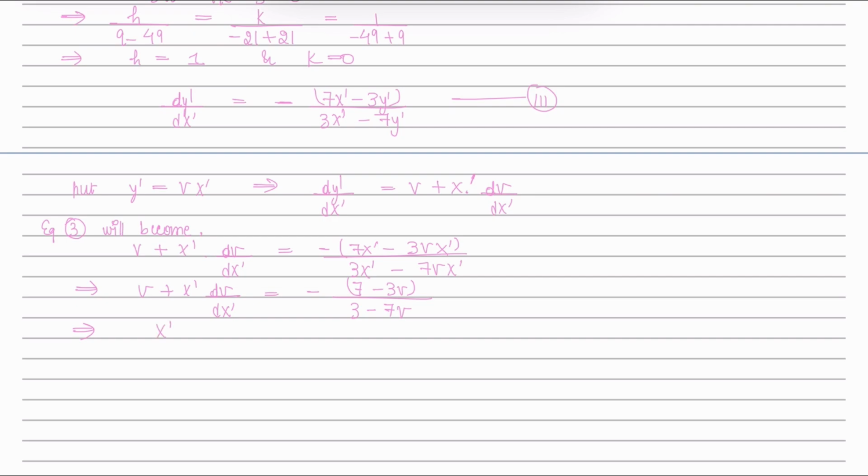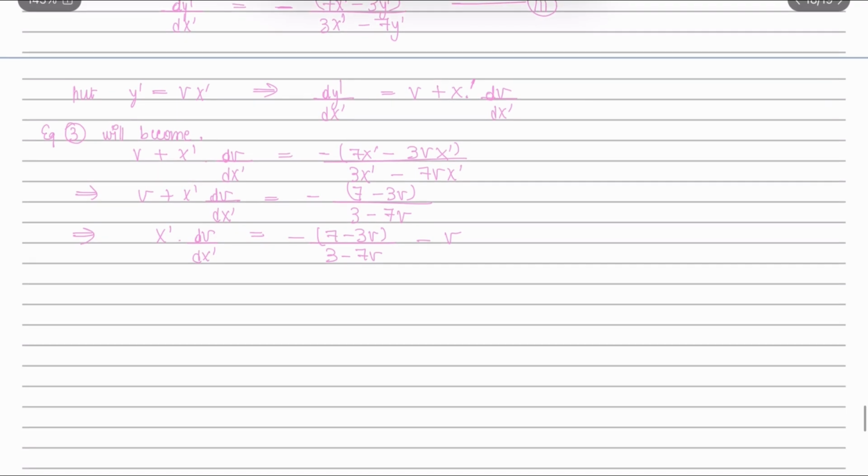Taking v on the other side, taking LCM and simplifying, this equation will change into x dash into dv by dx dash is equals to 7 into (v square minus 1) whole divided by (3 minus 7v). This is clearly in the form of variable separable.